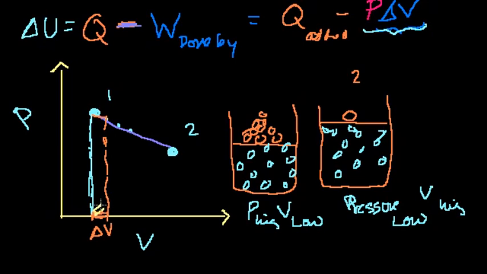And for any of y'all who've seen my calculus videos, this should start looking a little bit familiar. Right? And then what about when we take our next pebble? Well, now our pressure is a little bit lower. This is our new pressure. And we multiply that times our new change in volume, times this change in volume. And we have that increment of work.